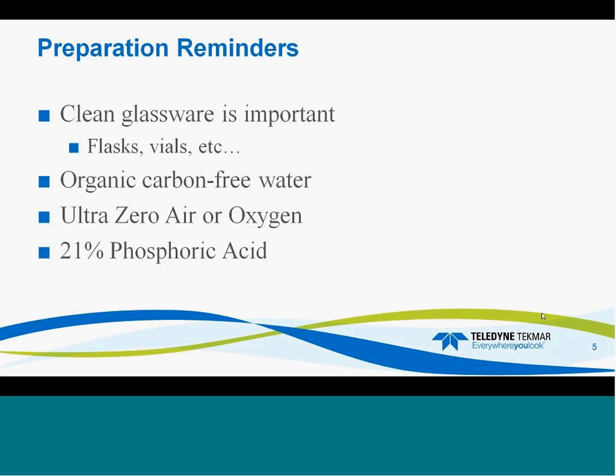Remember, before you start, make sure that the system is clean. That means clean glassware, the flask that you're preparing your standards in, and the deionized water that you're using to make your standards. Glassware in the unit would be the mist trap and the IC sparger, so that there's not any contaminants in it.